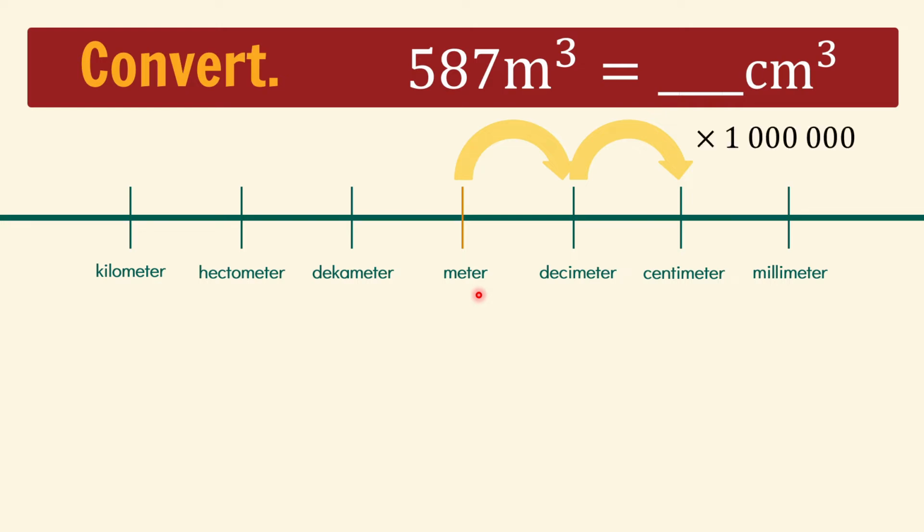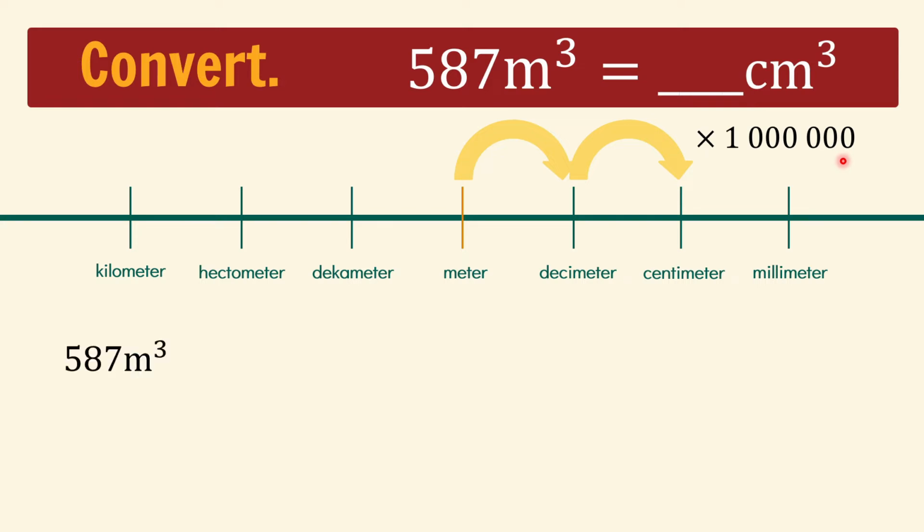The operation we will use is multiplication. But since we are talking of volume, each step will be 1000, and we will have 1 million as the multiplier because we take two steps, which means 1000 times 1000.